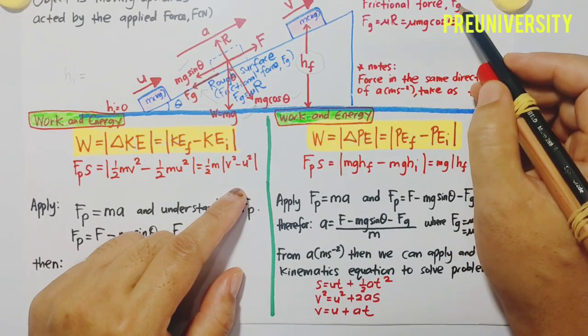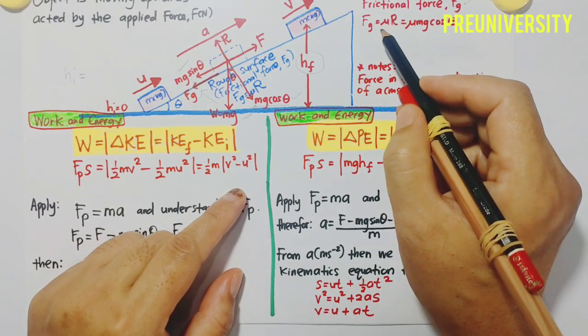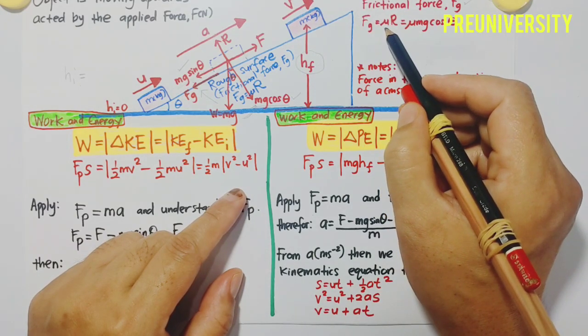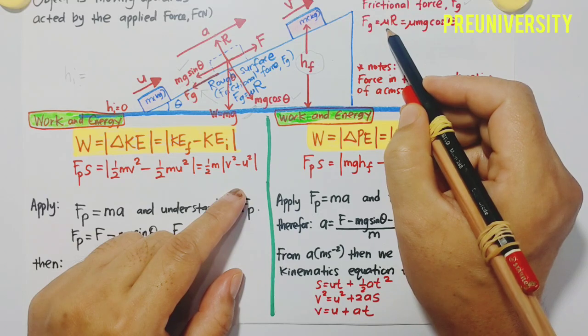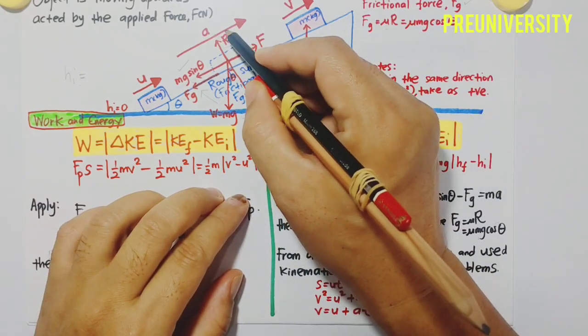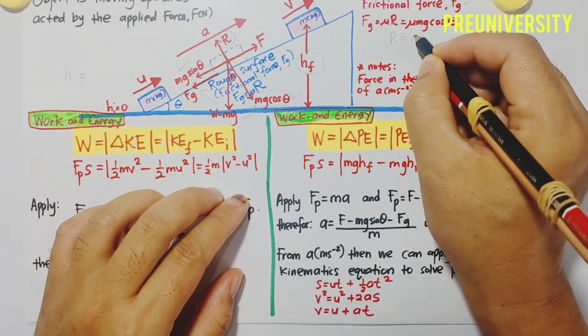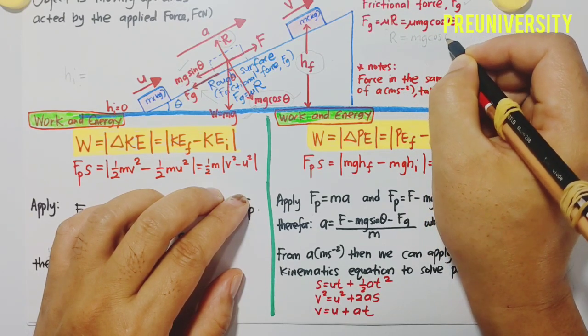First thing, and then we go for the second, which is the frictional force. The frictional force Fg is equal to mu R, where mu is the coefficient of friction and R is the normal force. The normal force R is balanced by mg cos theta, so R is mg cos theta.